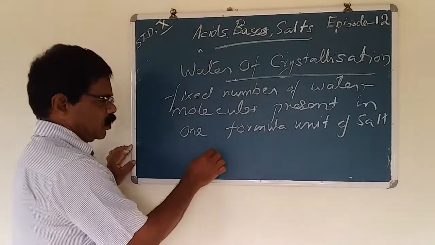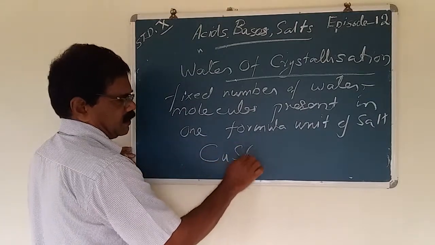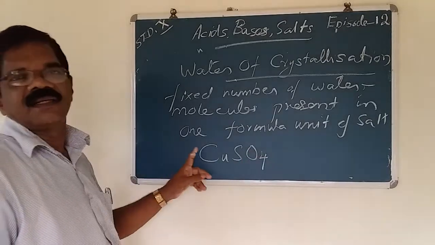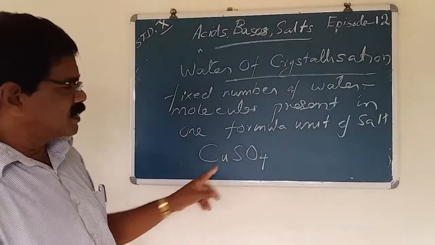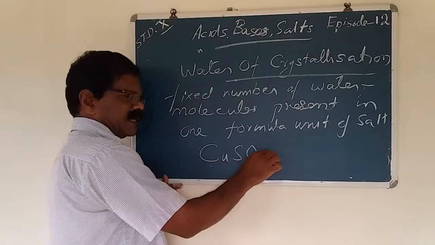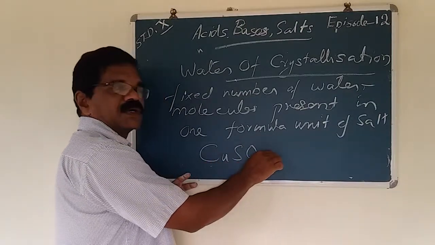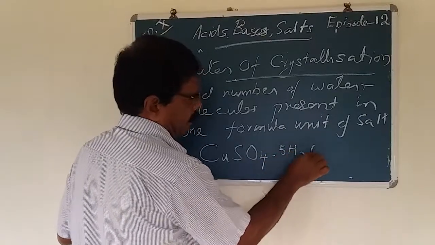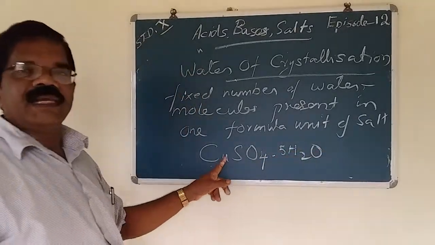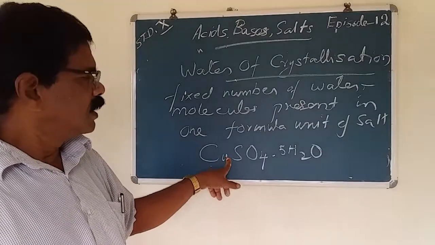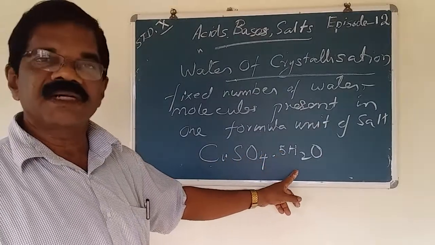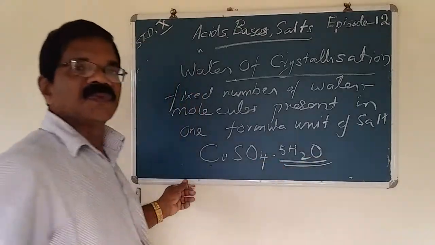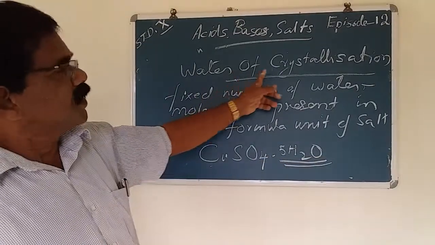For example, copper sulfate is ordinarily written as CuSO4, but the actual correct molecular formula of copper sulfate is CuSO4.5H2O. Every copper sulfate molecule is attached with 5 water molecules. These 5 water molecules are known as water of crystallization.